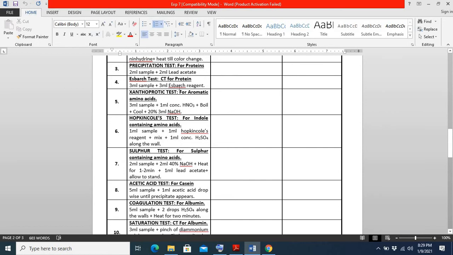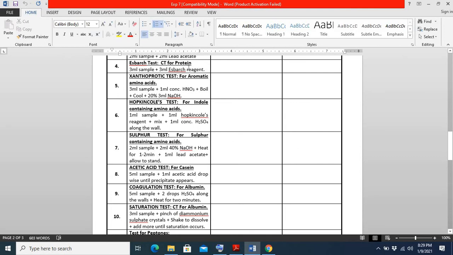In this test we add 3 ml of Esbach reagent and then 3 ml of the sample. If there is protein, the precipitate will remain in its actual condition and will not dissolve.